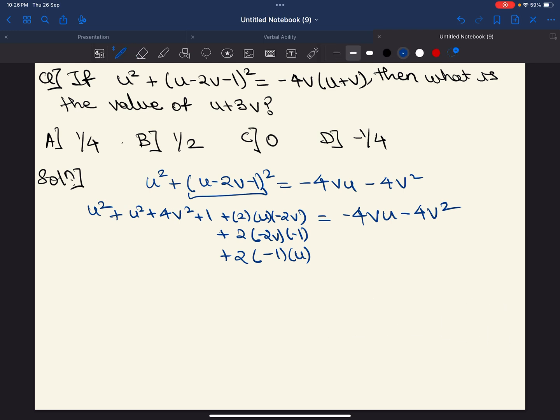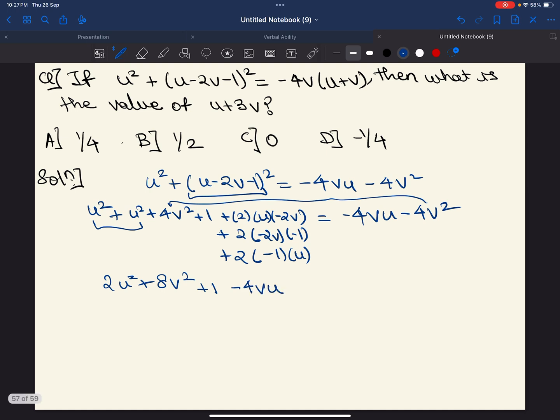So this becomes 2u square. This 4v square goes to here and becomes 4v square plus 4v square, 8v square, plus 1 plus. Now these 2 2s are 4 minus, so this becomes minus 4vu.